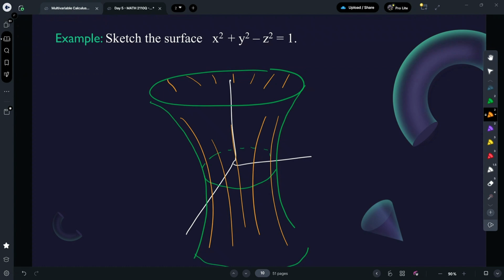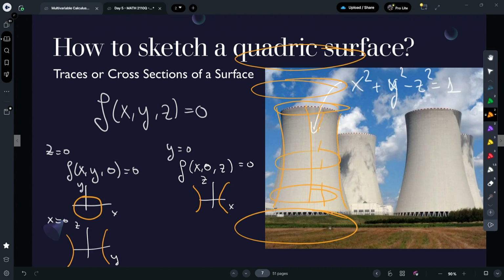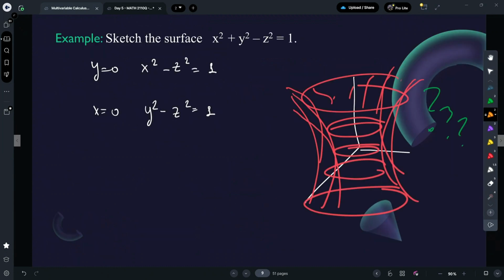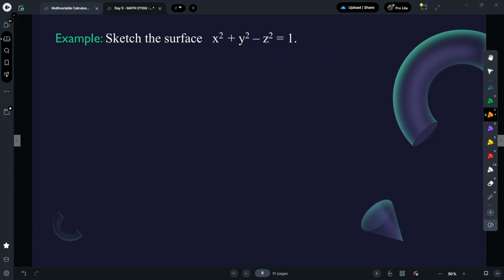But again, what I really want you to concentrate on is being able to draw cross sections in a plane. There could be questions that are: sketch the surface x squared plus y squared minus z squared equals 1. That's a question that can come up. You can use the classification of quadrics to recognize what this is and go from there.